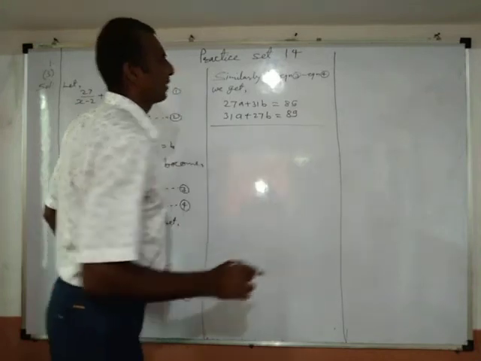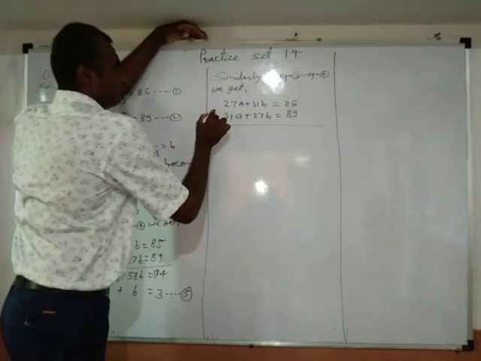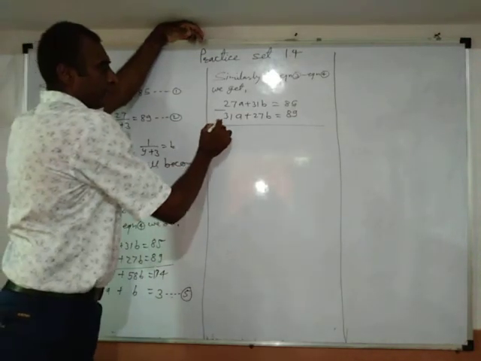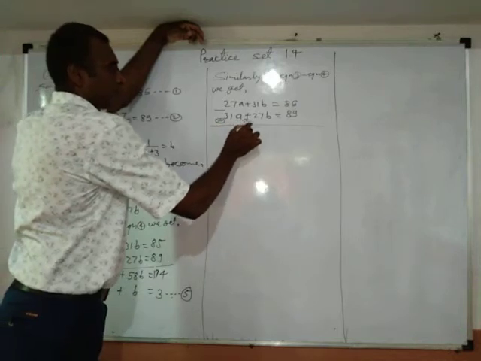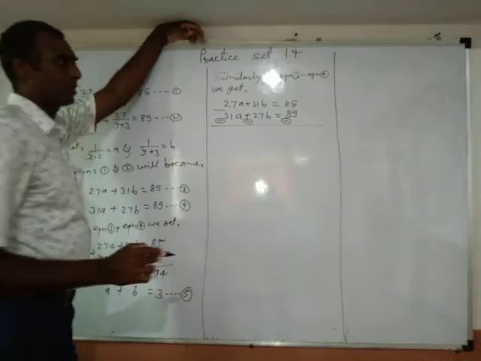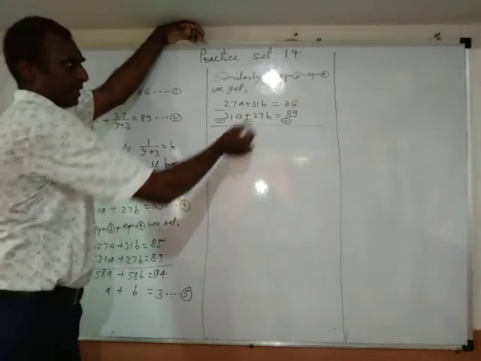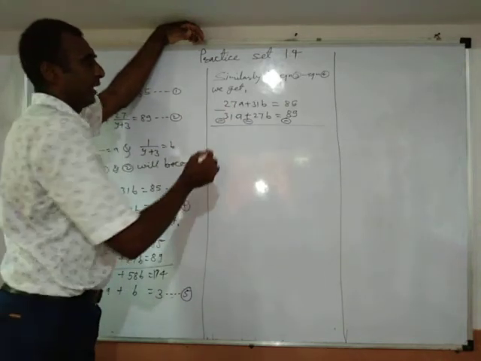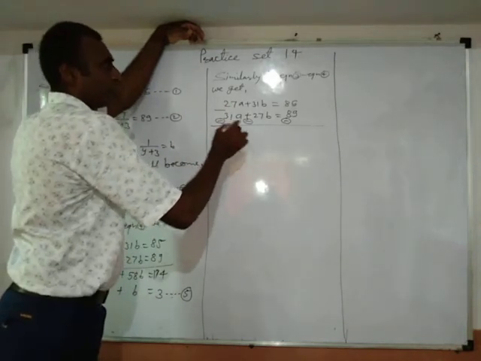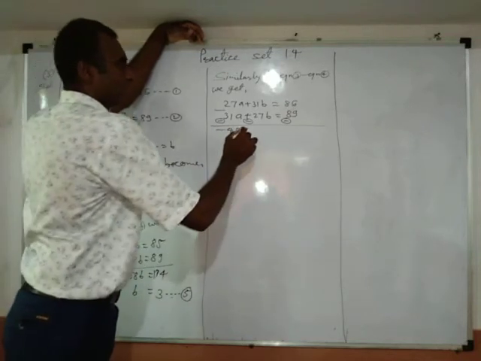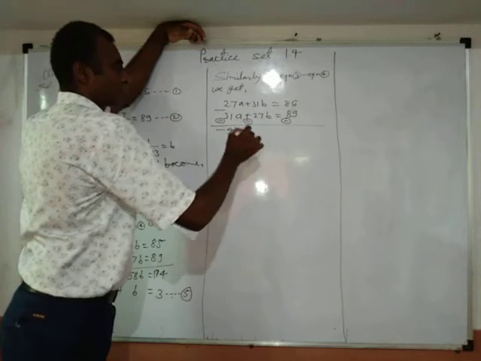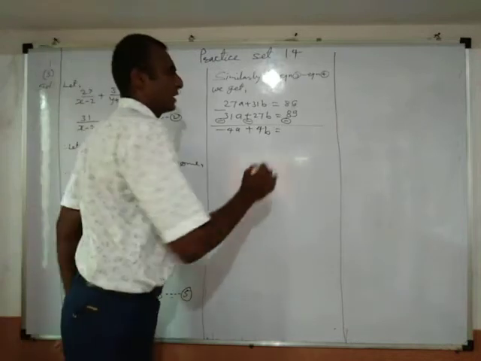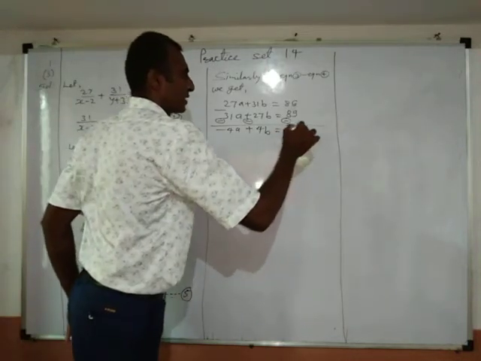As we have decided on an operation of subtraction, the sign of subtraction must be in between them. Due to this minus sign, plus will become minus for each and every term of the second equation, here actually the fourth equation. 27a minus 31a gives us minus 4a. 31b minus 27b gives us plus 4b equals 85 minus 89 gives us minus 4.